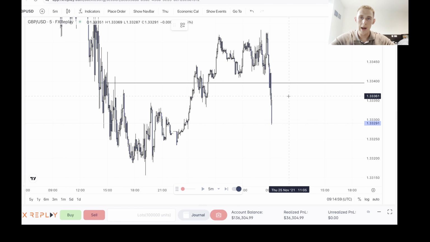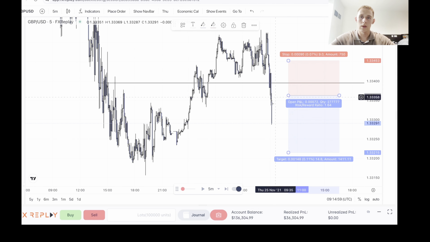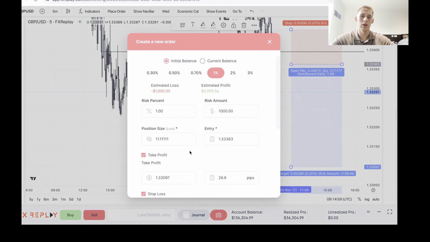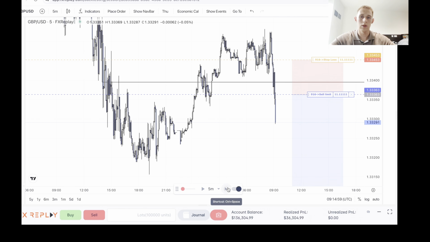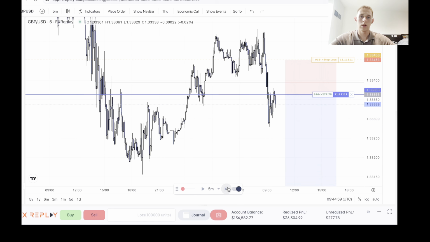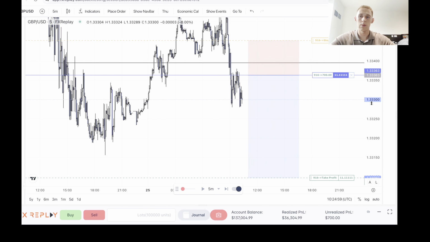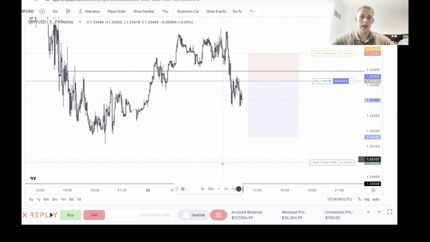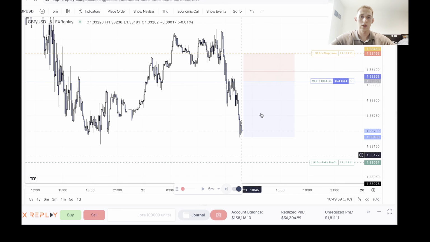See if we get a pullback, and we'll target a 1 to 3. There we go. So the break-even point is going to be this area. There we go. So we can make it break even now and target a 1 to 3.